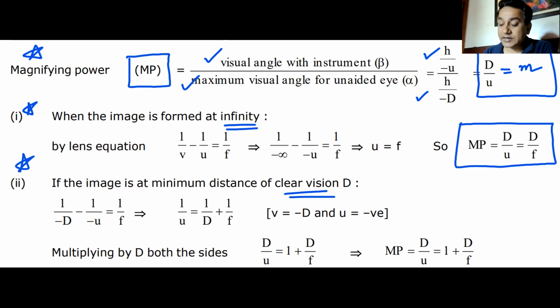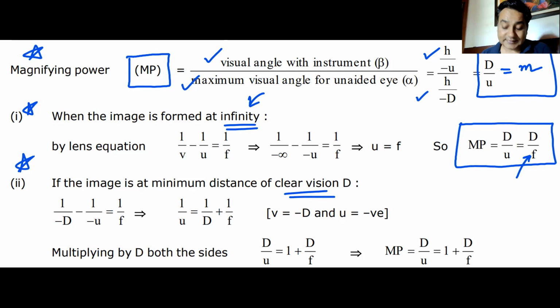When the image is formed at infinity, the object must be placed at the focal length, and therefore d by u becomes d by f. Remember, d by u is the original formula.